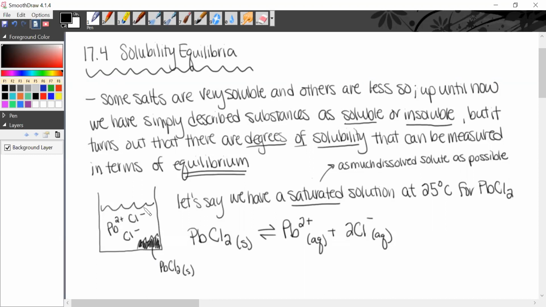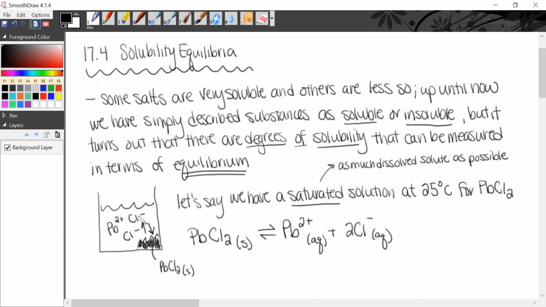These ions are floating around and crashing into each other and making contact with the solid down here at the bottom. So because of the internal kinetic energy that this system has, there are going to be collisions between these ions that cause them to precipitate out as a solid. But as soon as you have anything precipitating out as a solid, that leaves more room in the solution for other ions to dissolve into solution, right?